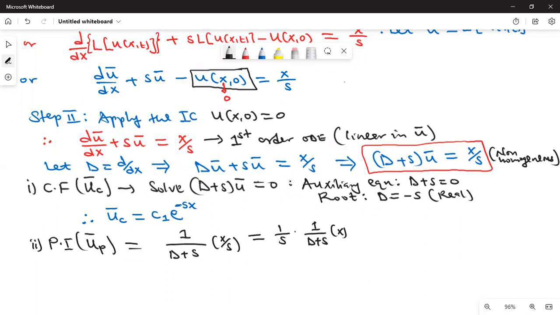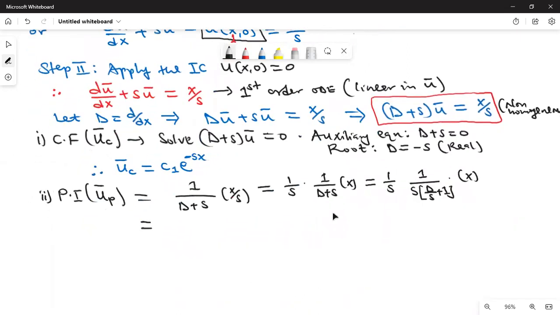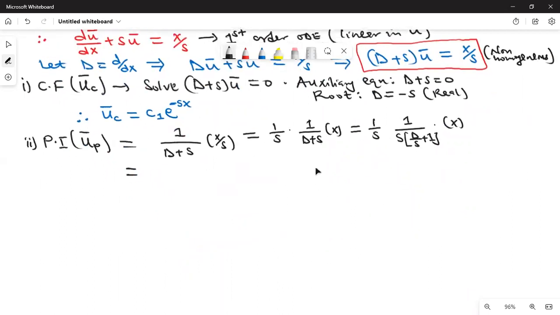This thing can now be written as, because I want to use Maclaurin series, I can write this as 1 over s into 1 over, factor out s, we remain with D over s plus 1, operating on x. The same thing, which I can also write as, you see now in the denominator we have s appearing twice.